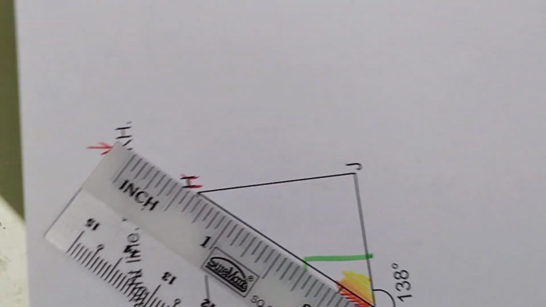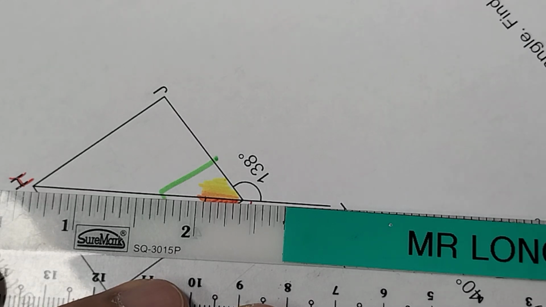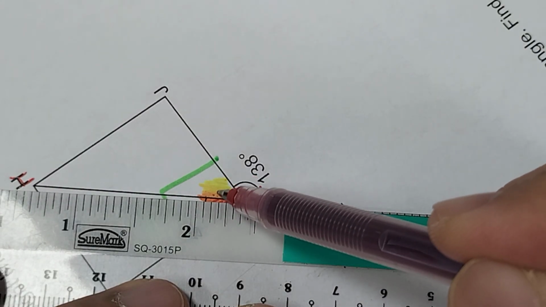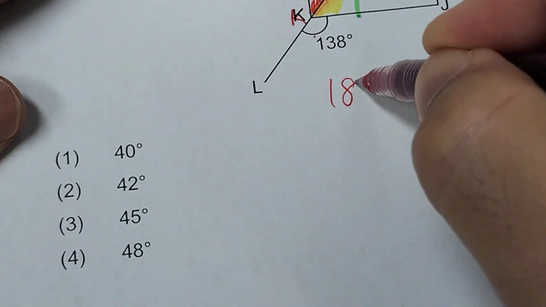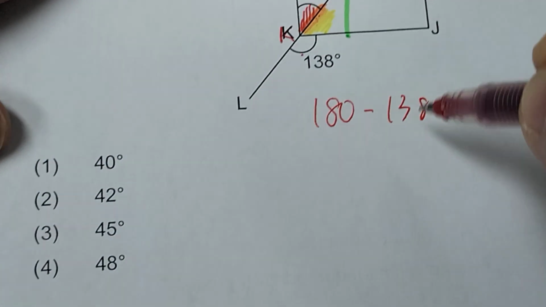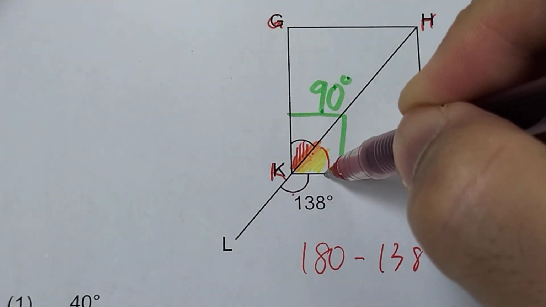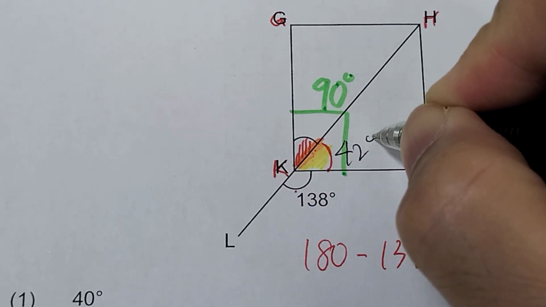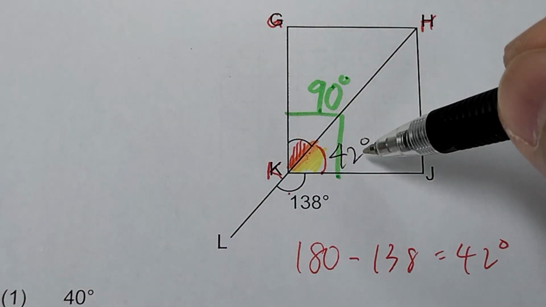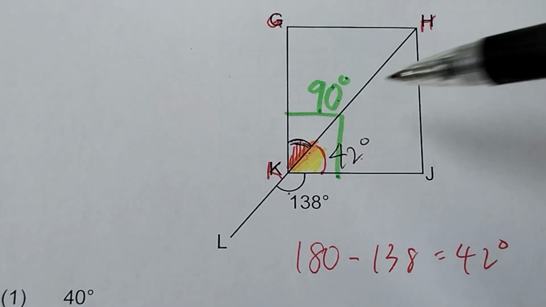How do I find angle in a straight line? 180 minus 138, I get this angle here in yellow. So first step, 180 minus 138, I'll have 42 degrees. This tells me this yellow angle here is 42 degrees.